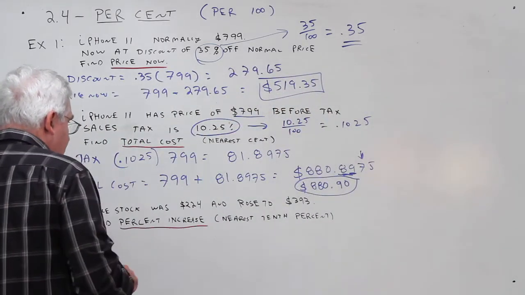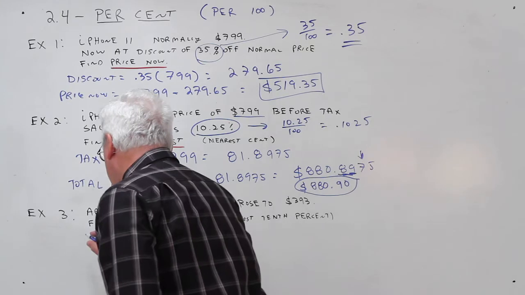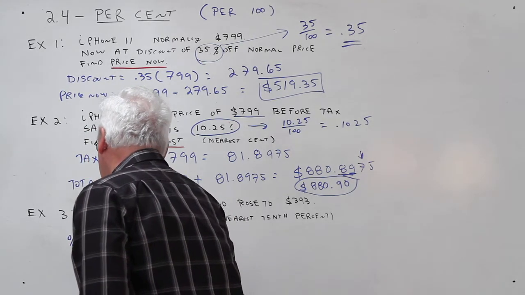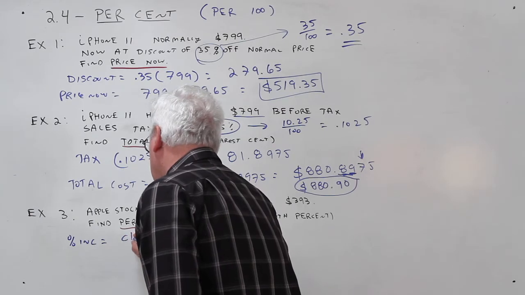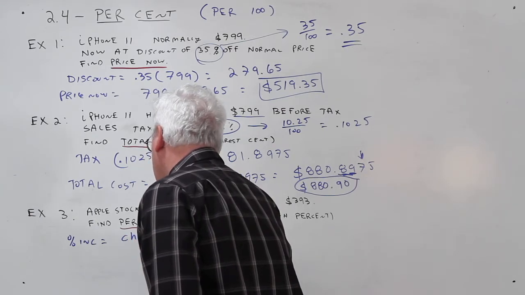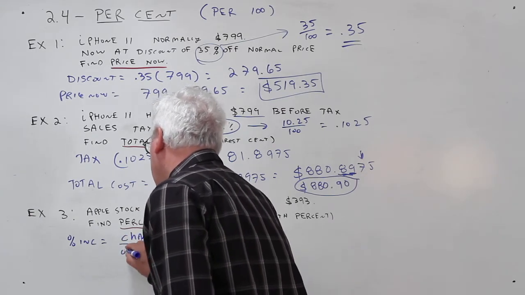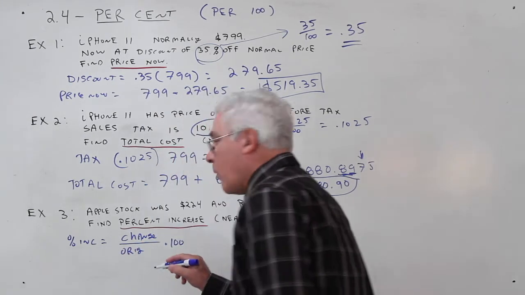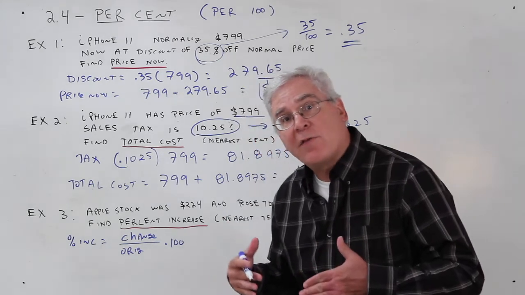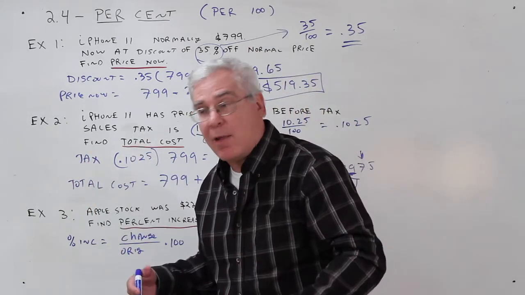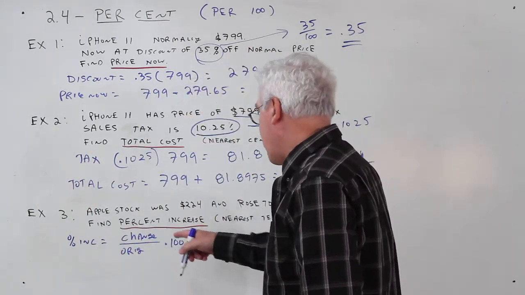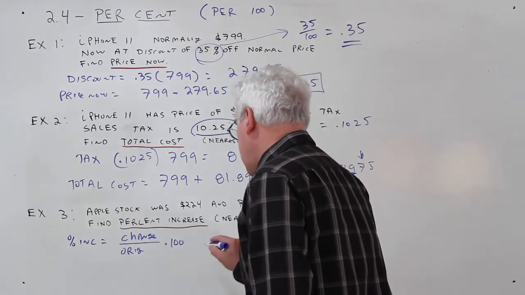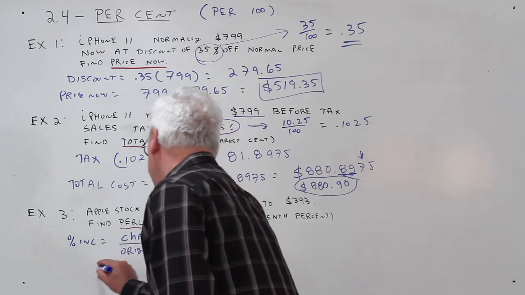Okay, so for the formula, percent increase is going to be the change over the original, and then I multiply by 100. To go from a decimal to a percent, I multiply by 100. So all I've got to do is find the change.